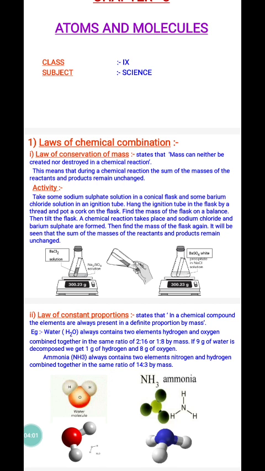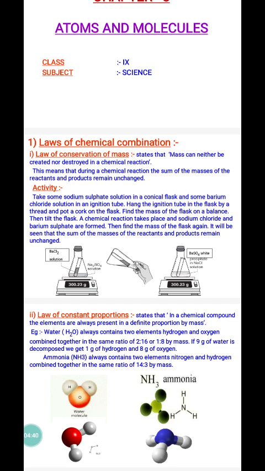The law states that A plus B equals C plus D. The law of conservation of mass states that mass can neither be created nor destroyed. You can transform one form of a substance into another form, but you are not allowed to destroy or create substances. The weight has to be followed.